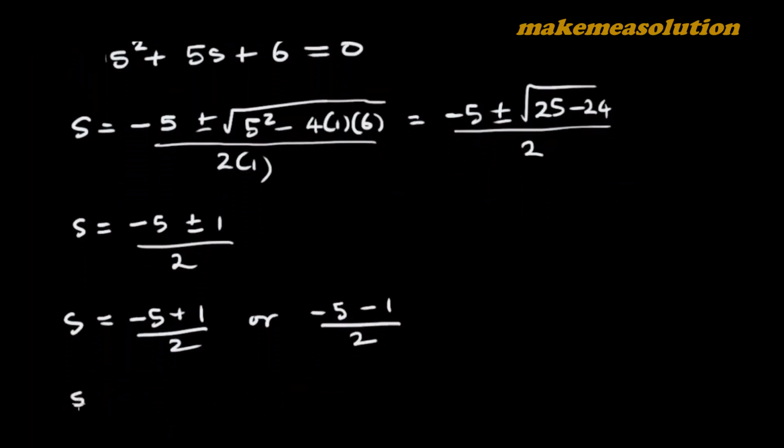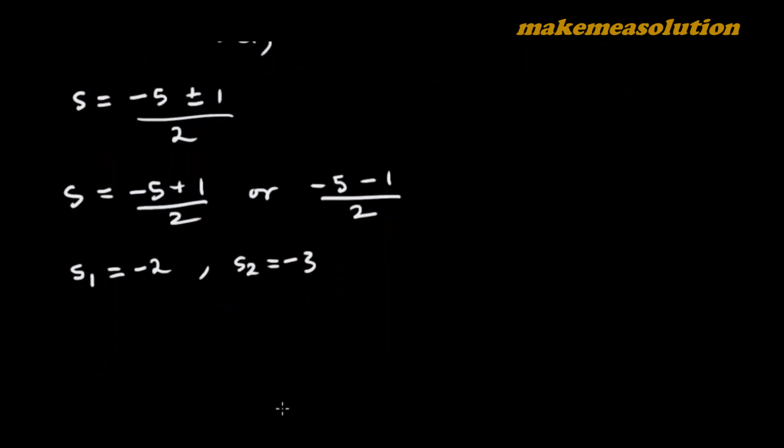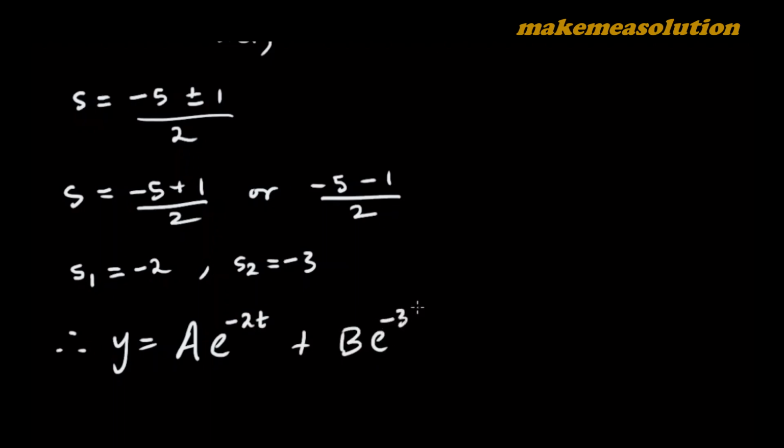So we have s1 equal to minus 5 plus 1 over 2, which is negative 4 over 2, which is negative 2, and s2 equal to minus 5 minus 1, which is minus 6, and minus 6 over 2 is minus 3. So we have s1 equal to minus 2 and s2 equal to minus 3. Therefore our y is a exponential minus 2t plus b exponential minus 3t.